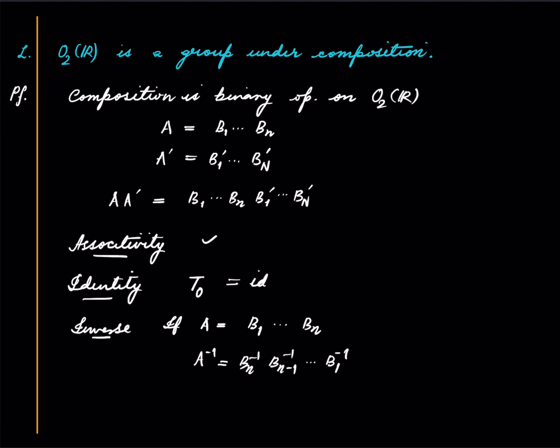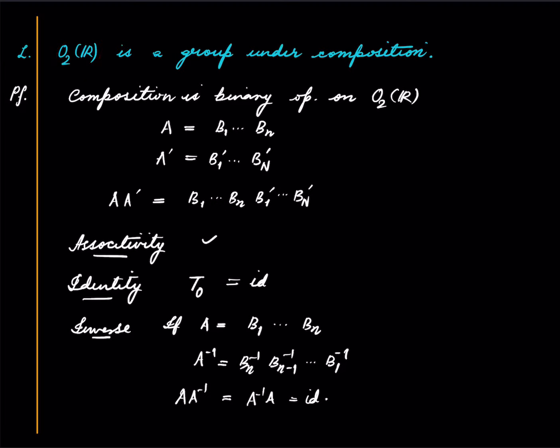That's not hard, and since each Bi is a rotation or a reflection, each of these is also a rotation or reflection. If you invert a rotation, you get a rotation. If you invert a reflection, you get the same thing back, so it is again a reflection. So therefore you can write A inverse as a composition of finitely many rotations or reflections, and therefore this is also in O2R, and clearly, of course, A inverse A equals identity. This goes without saying. Anyway, so this is also a group.